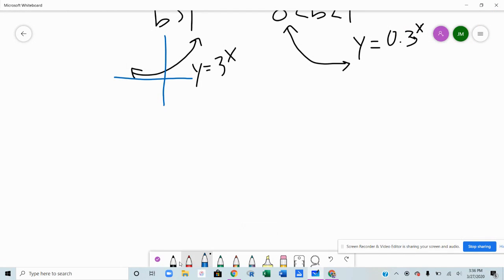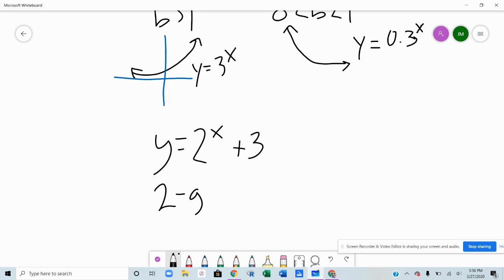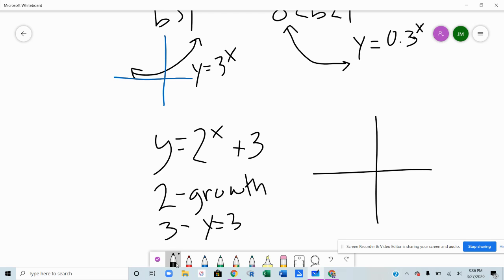If I have an equation such as y equals 2 to the power of x plus 3, I can get two very important pieces of information from this. This 2 tells me it's growth, and the 3 tells me the horizontal line y equals 3 is where it'll never cross. So I can make a quick sketch of this.